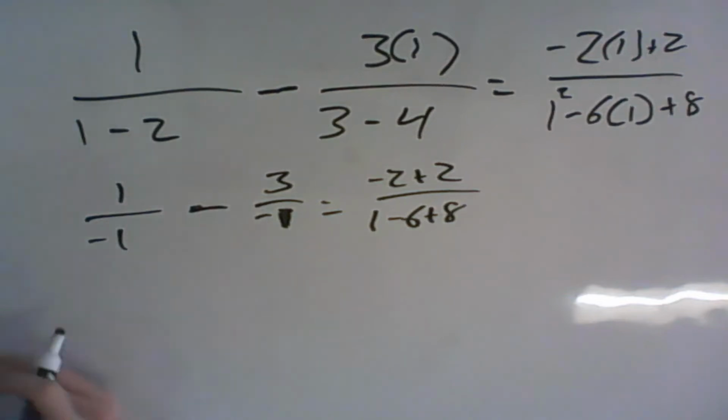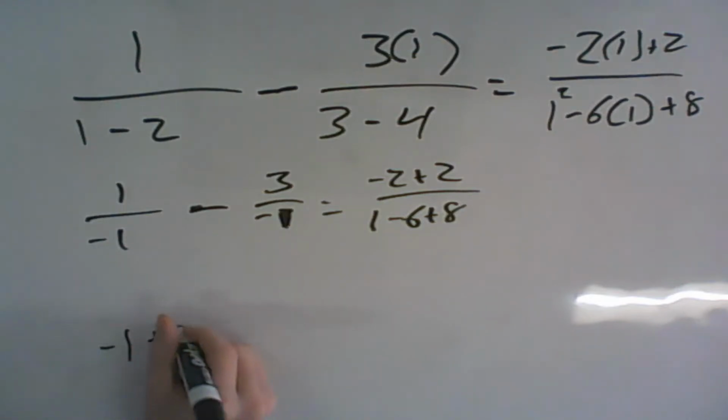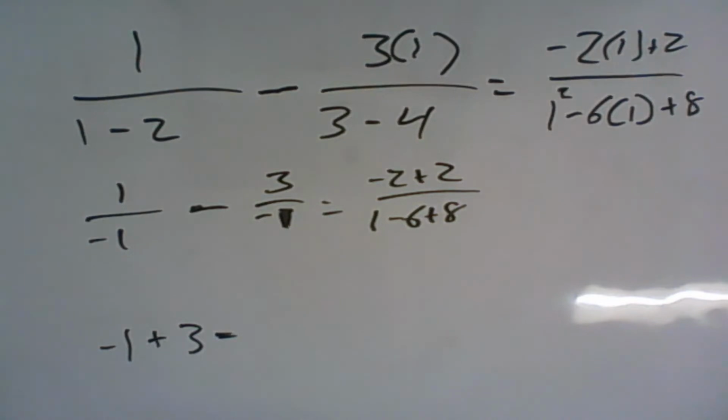The numerator over here would become negative 1 plus 3 equals 0 over, well, this would be over 3.